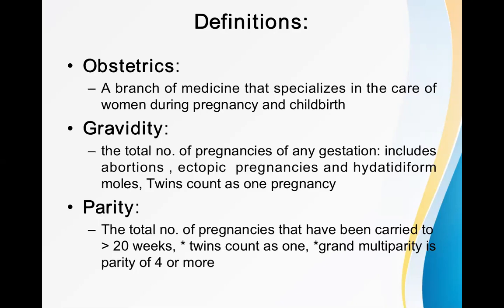So we don't need only living babies to consider parity. Even if the baby is dead, but has crossed 20 weeks, it is parity. So this is a very important point. And sometimes if the lady has given birth to 4 or more babies, and all of them are more than 20 weeks gestation, then it is called grand multiparity.